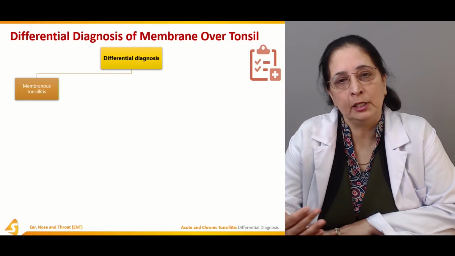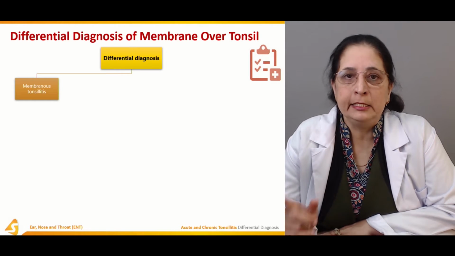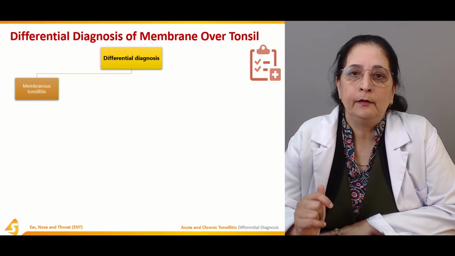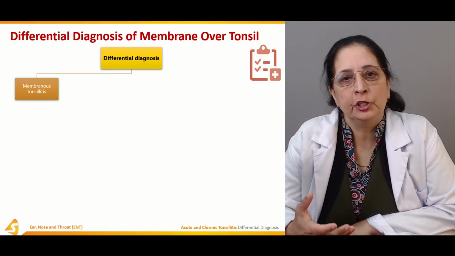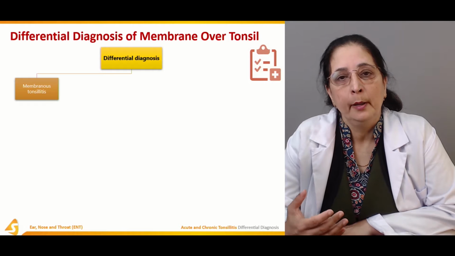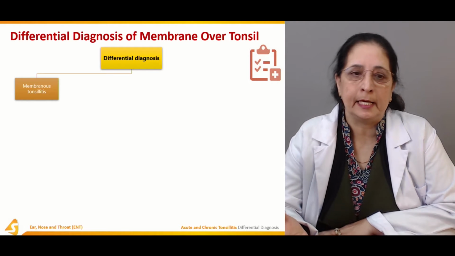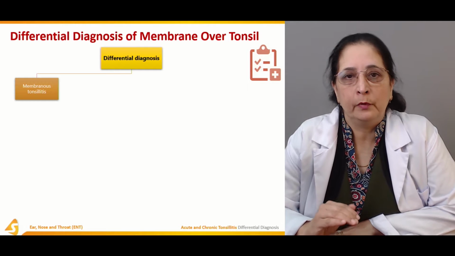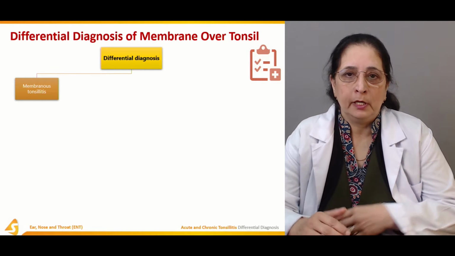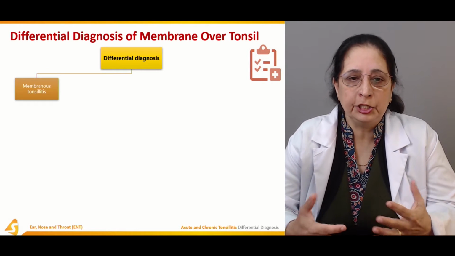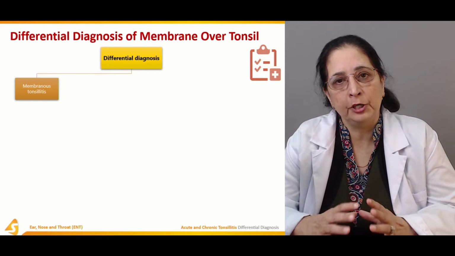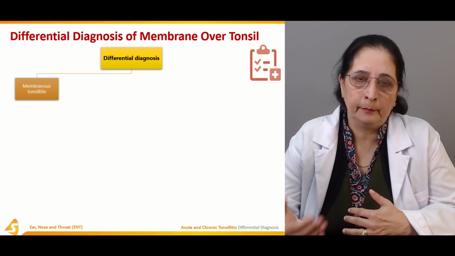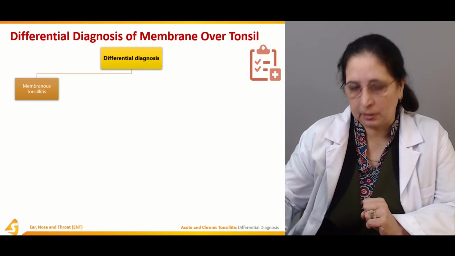We have faucial diphtheria, which leads to the membrane formation over the tonsils, and then there is also the condition known as acute membranous tonsillitis that can also lead to the formation of membrane over the tonsils. So let's talk about some conditions that can cause formation of membrane over the tonsil besides these two conditions also.